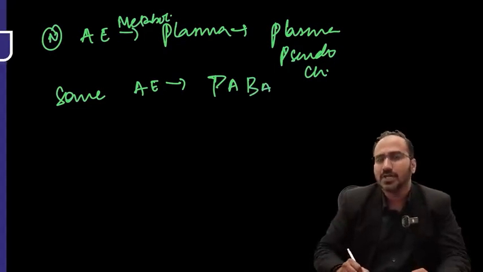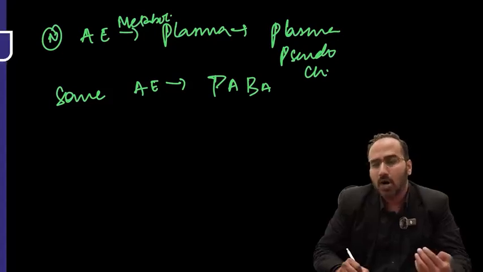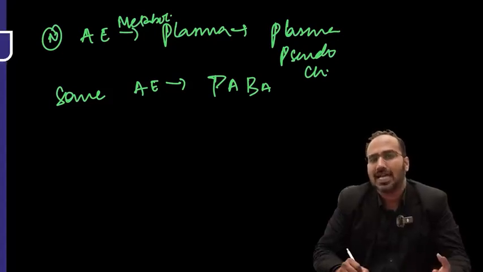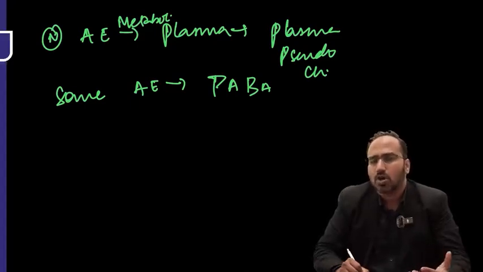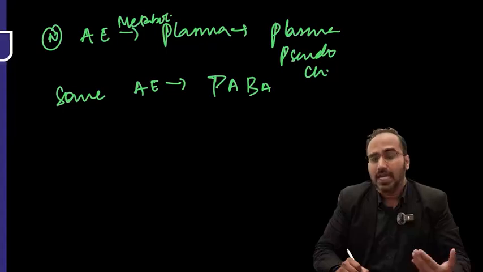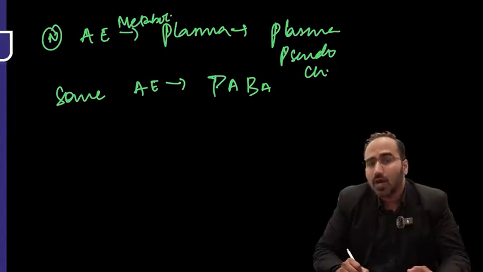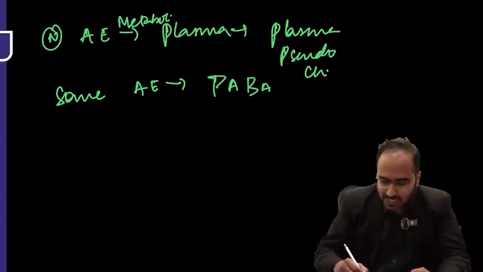Para-aminobenzoic acid. So the question that could be asked is, among these local anesthetics which can cause allergic reaction, it is always amino ester. But the question has become a bit more complex. They are now asking, in amino esters, what are the two amino esters that can cause allergic reaction?